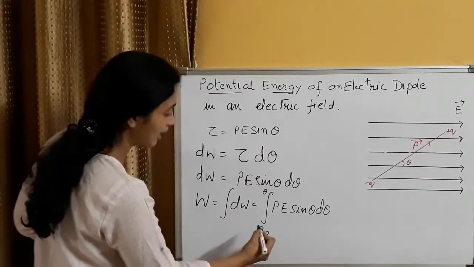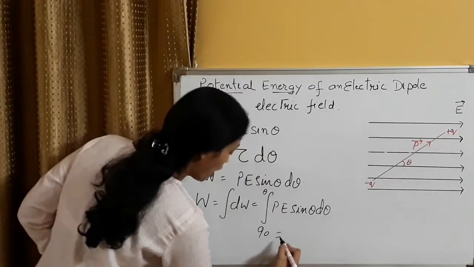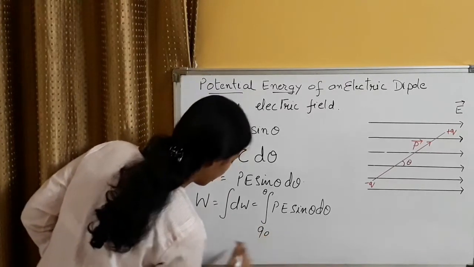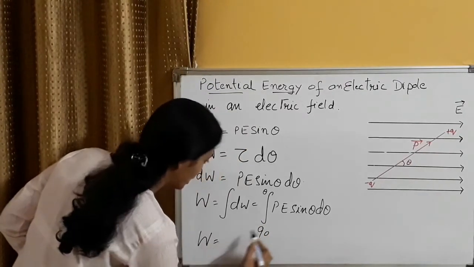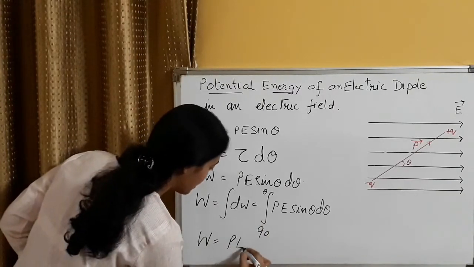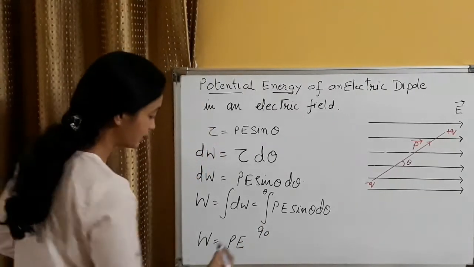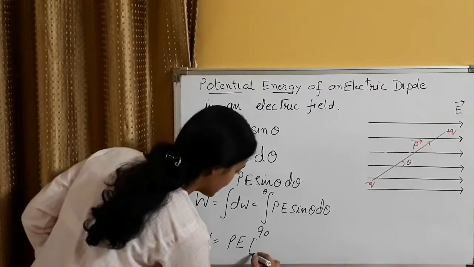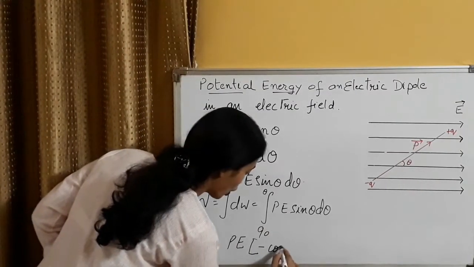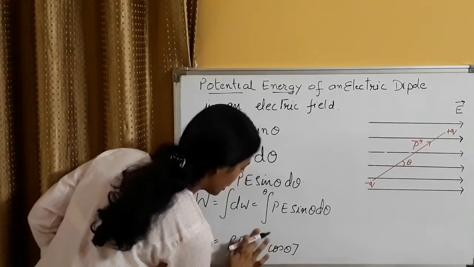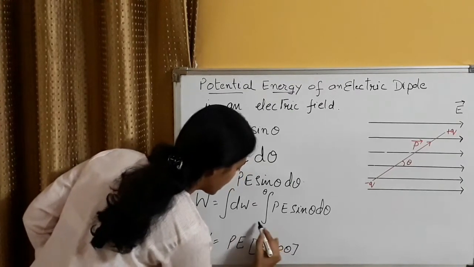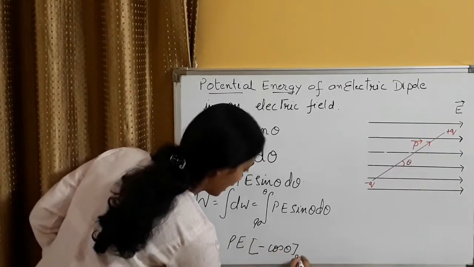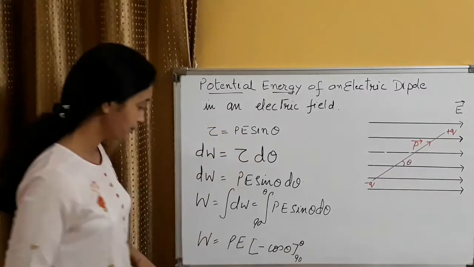So using the integration formula, work done is equal to PE, a constant, P is the dipole moment, E is uniform electric field, times the integration of sin theta, which is nothing but minus cos theta, with limits 90 to theta.